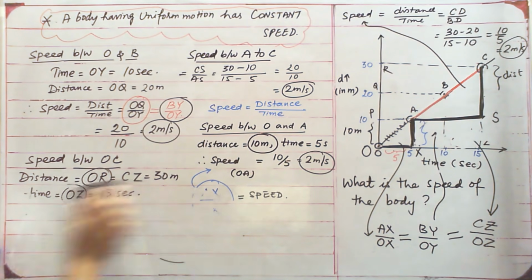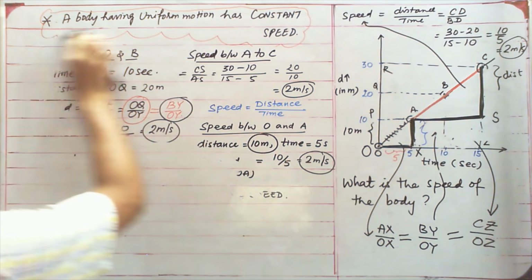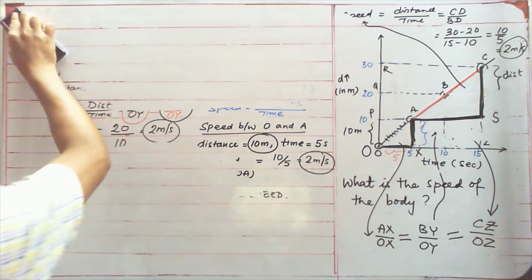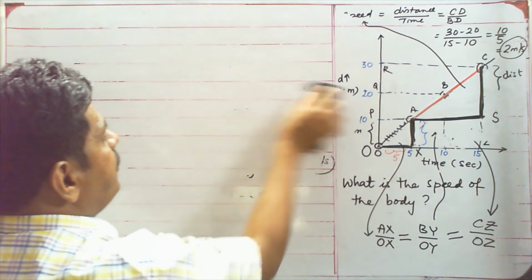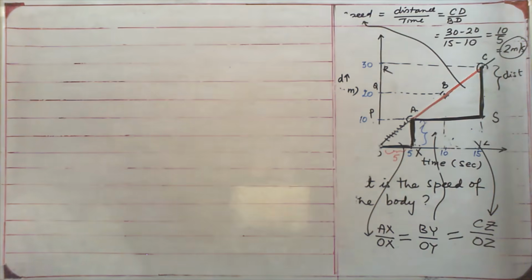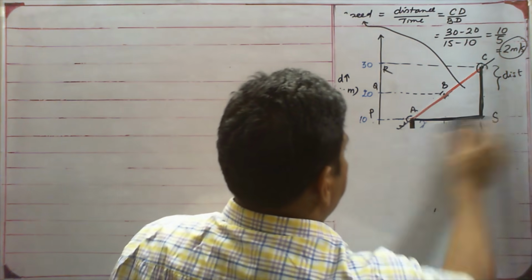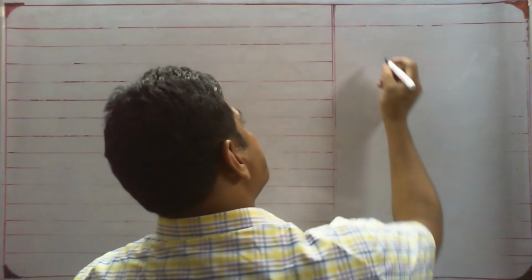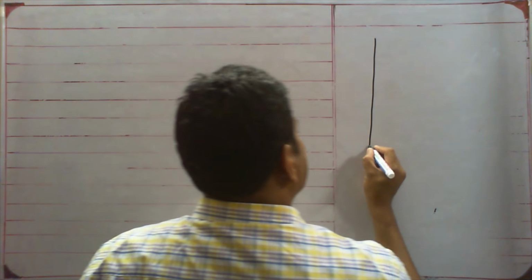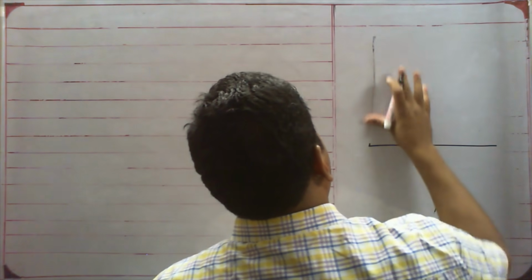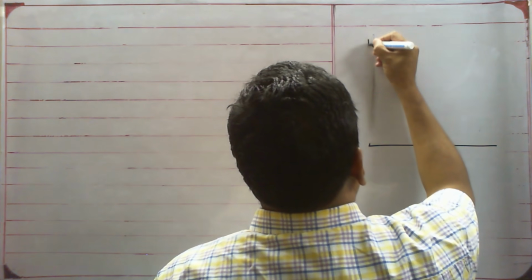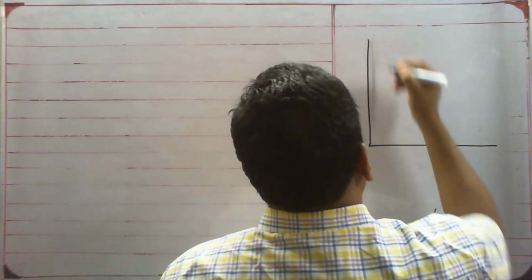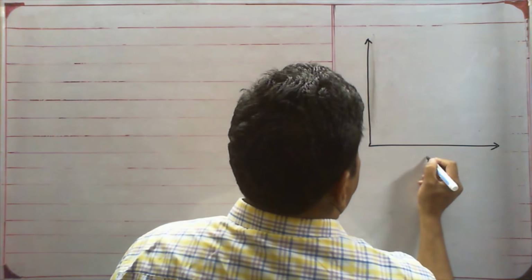So I am erasing this part. Our discussion was how to calculate the speed of the body. So we will talk about that now. We have already discussed. Now we are supposed to write some points. So let us draw a graph. This is distance.